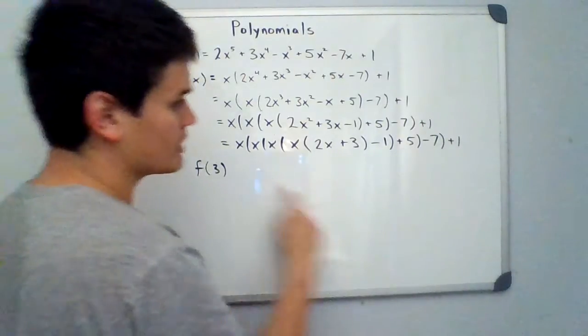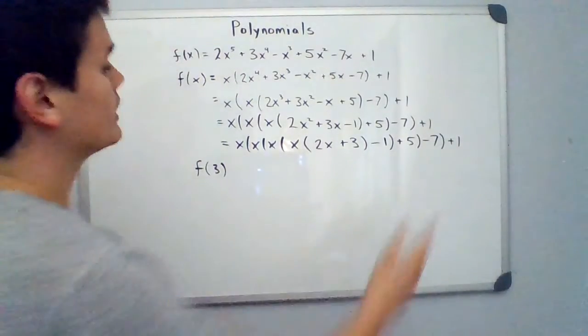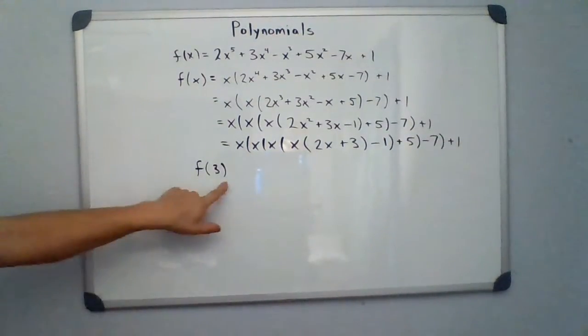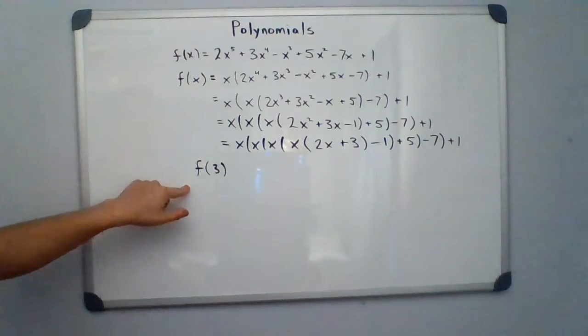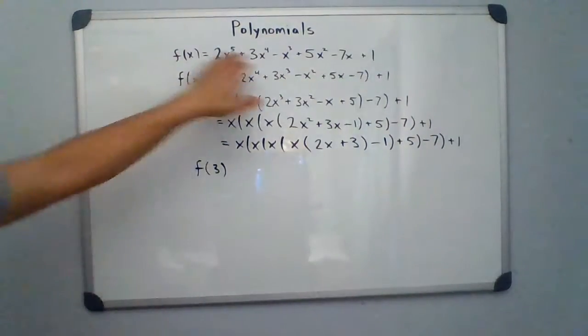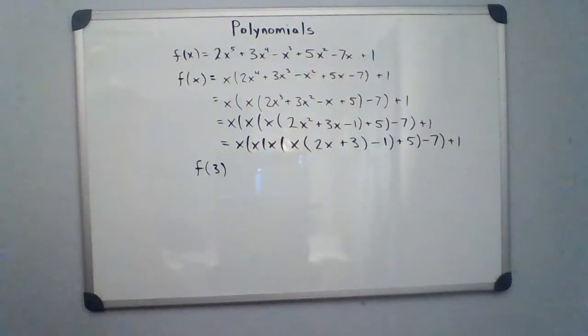Plus 5 multiplied by 3 minus 7 multiplied by 3 plus 1. That would be the quickest way to evaluate with the least number of operations, as opposed to calculating each one of those terms. And so what I mean by that is we could use this algorithm instead.